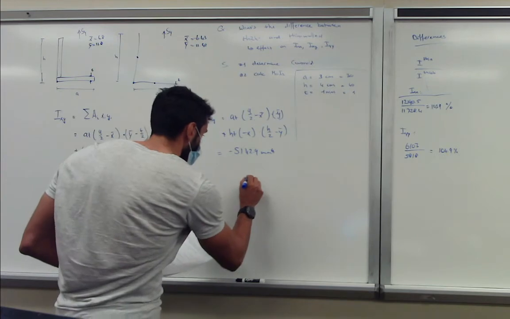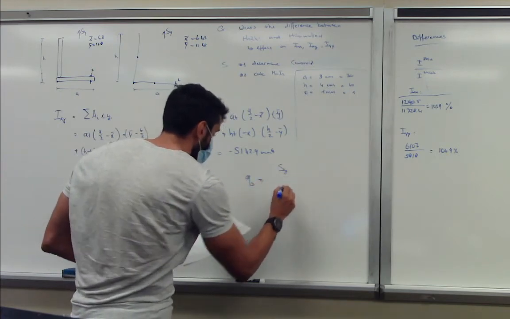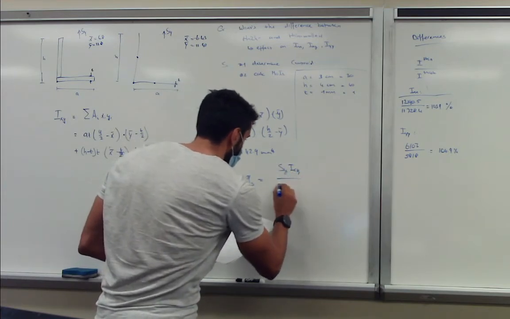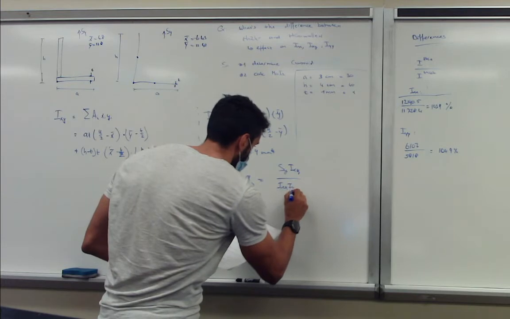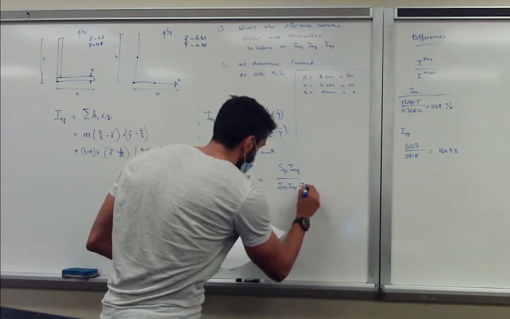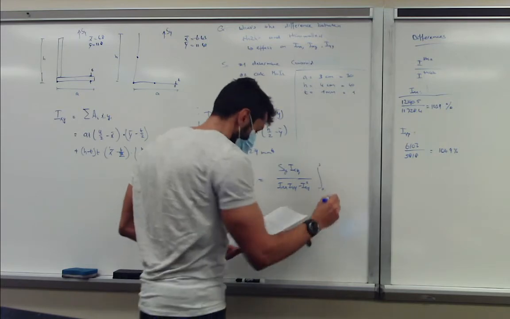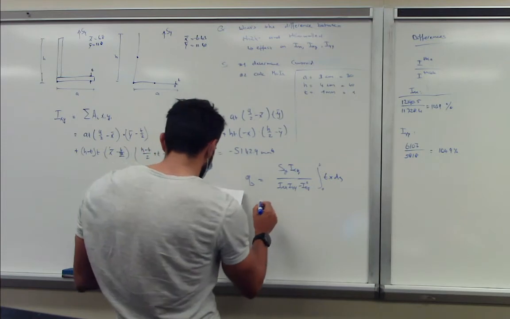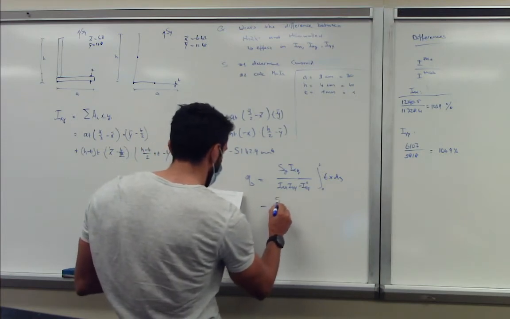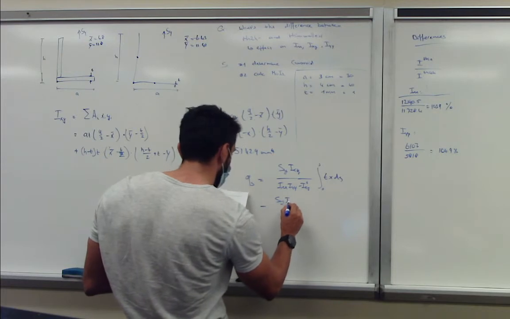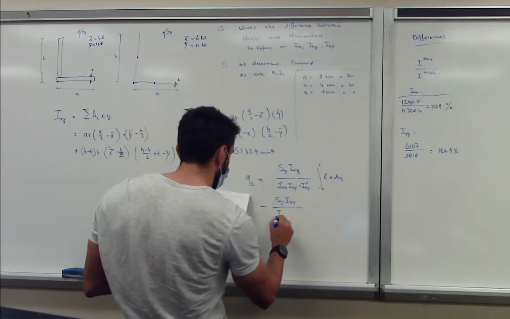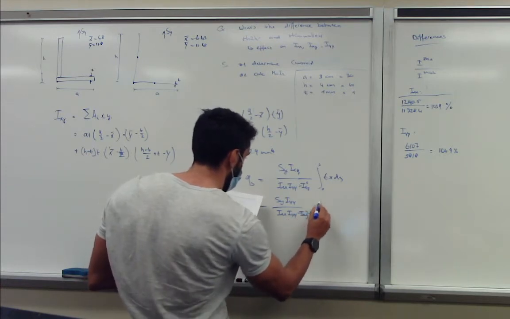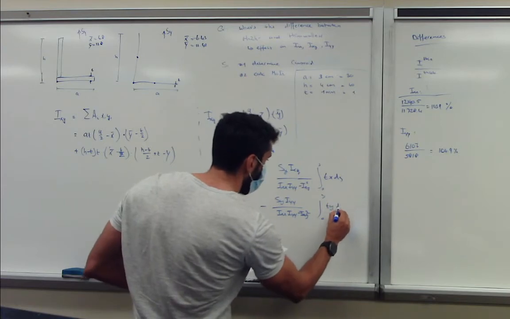So we basically have to deal with Sy, Ixy, over Ixx Iyy minus Ixy squared, and then the integral from 0 to s of Tx ds, minus Sy Ixx Iyy, then Ixx Iyy minus Ixy squared, 0 to s ty ds.